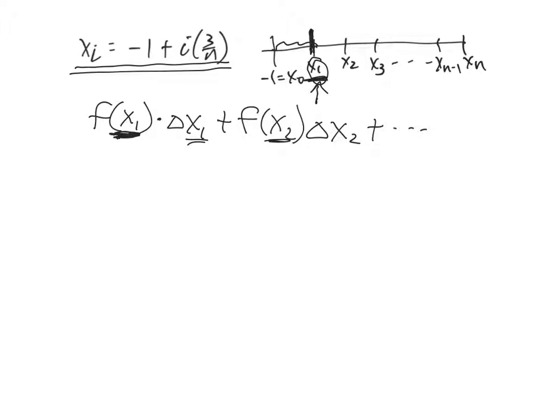Once again, with the widths being the same, we don't need to specify delta x sub 1, delta x sub 2. We can just say, in general, delta x. So because of the equivalency of our delta x, we can factor that out.